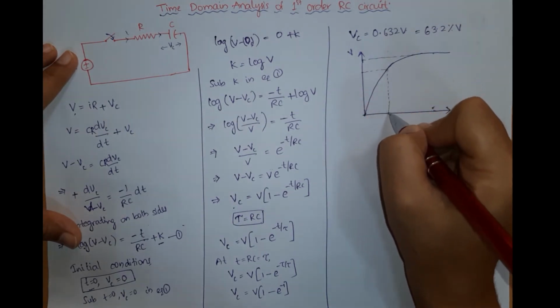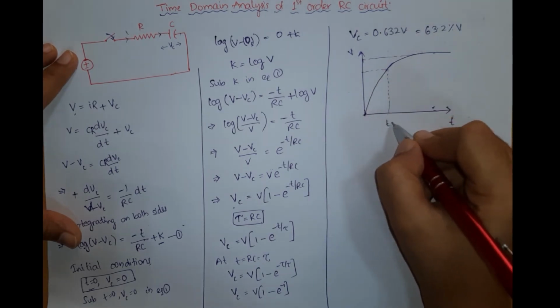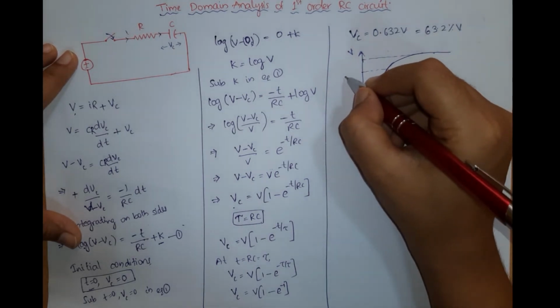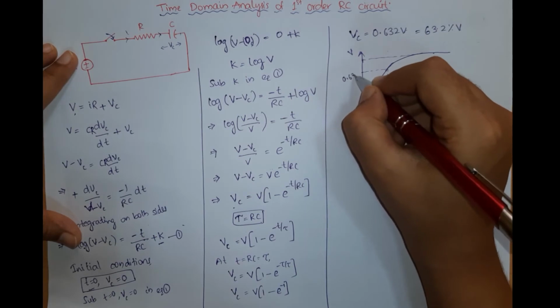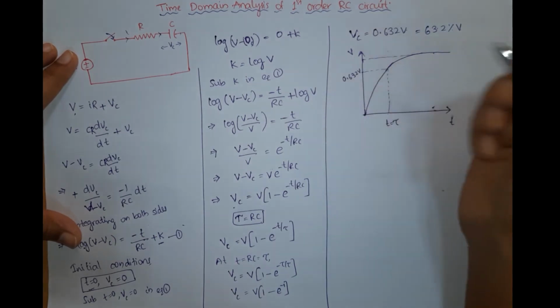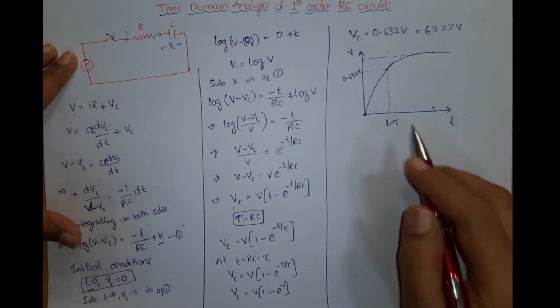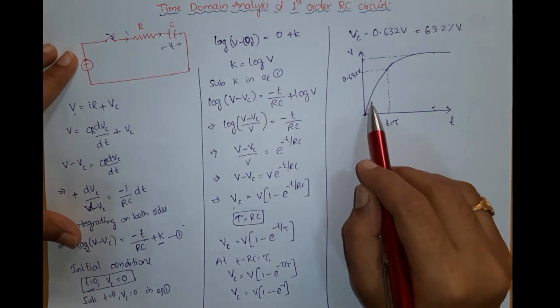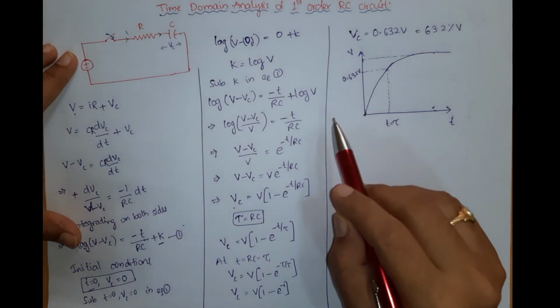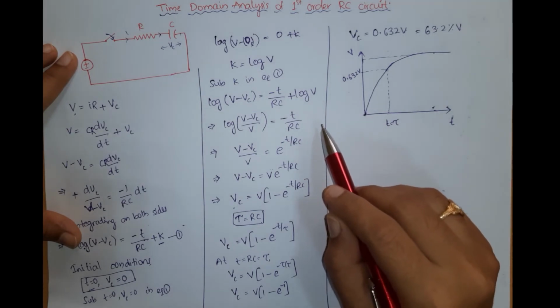So this is the value corresponding to 63.2% of the maximum voltage across the capacitor. This is the response of the RC circuit for a change in time.